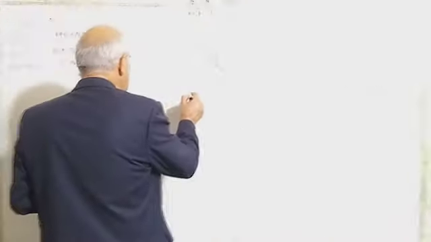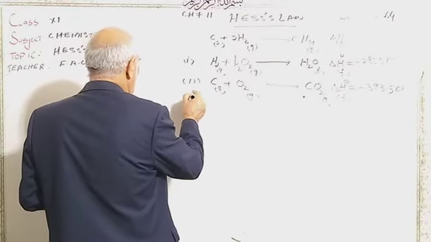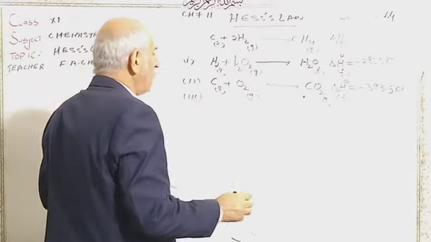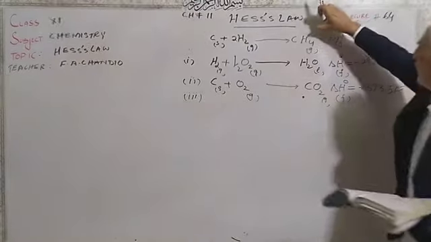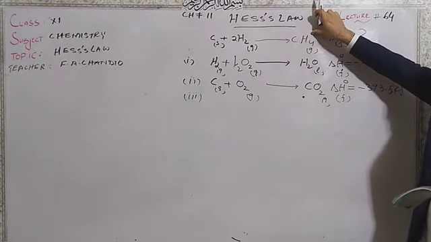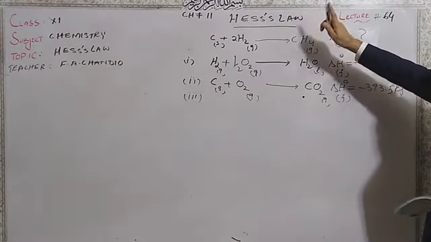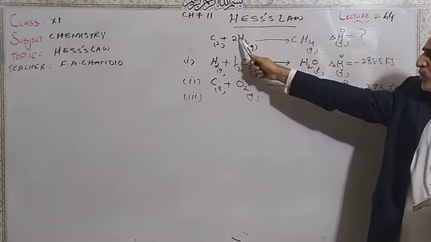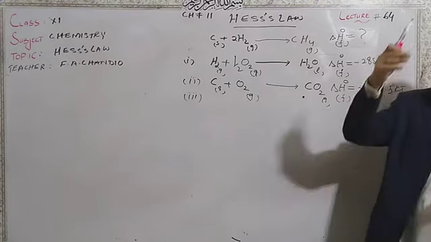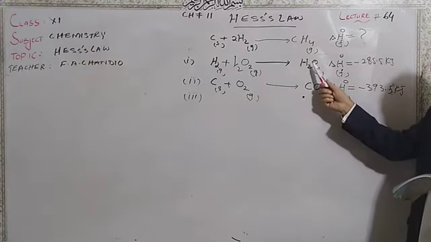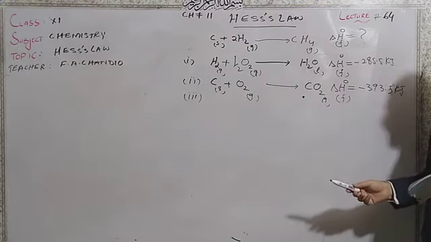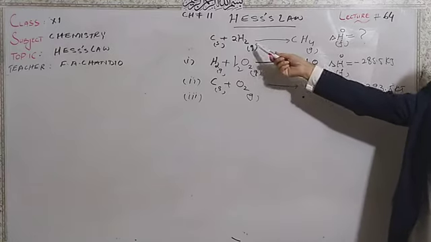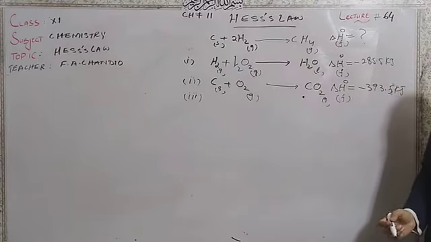The third equation is: we are going to form 1 mole of methane. You see that in methane there is 1 mole of carbon and 2 moles of hydrogen. In the last equation you will get this. But there is water and carbon dioxide gas, and there should be no water and carbon dioxide gas.